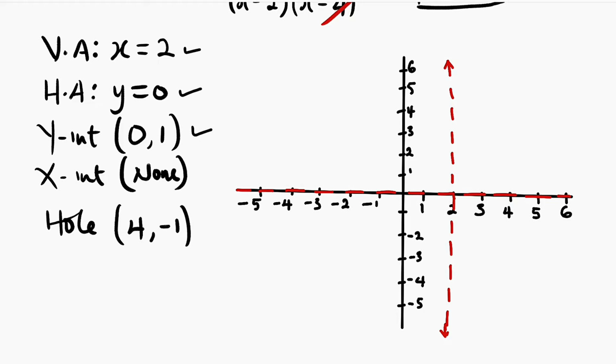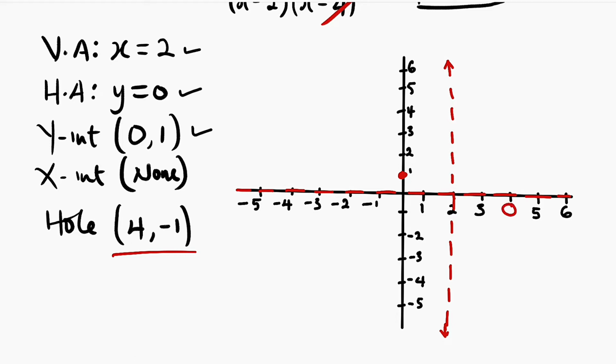Then the y-intercept is at 0, 1. So when x is 0, y is equal to 1. So we have our point exactly here. No x-intercept. Then the hole is at x equal to 4, y equal to -1. All right, therefore I have to even remove that point. We have our hole exactly here.